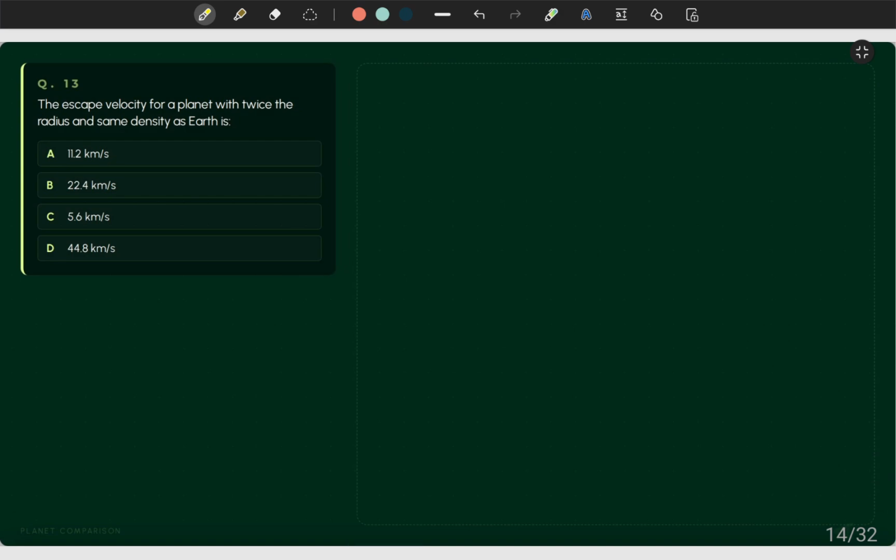Question number 13. The escape velocity of a planet with twice the radius and same density as Earth is. So we know that the escape velocity of Earth is 11.2 kilometers per second. Now we are talking about a new planet where the radius is double and density is the same.